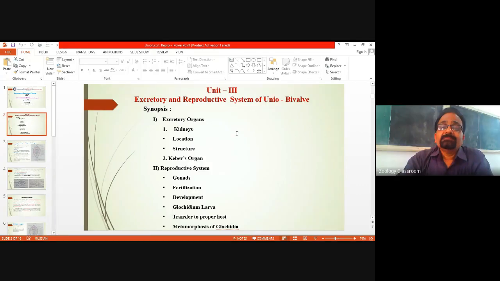The main excretory organs are kidneys: location and structure. Another excretory organ is Keber's organs. First we'll discuss the excretory organs, and later on, if time permits, we'll switch to the reproductive system.